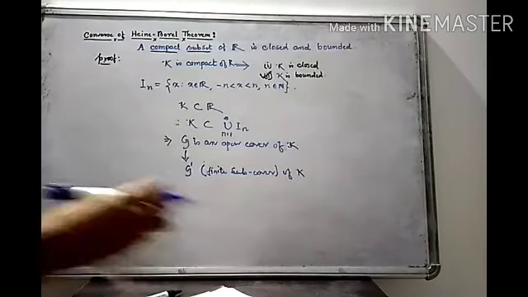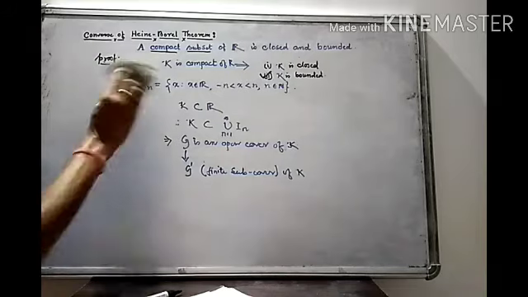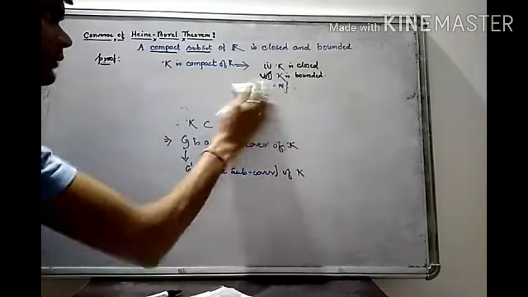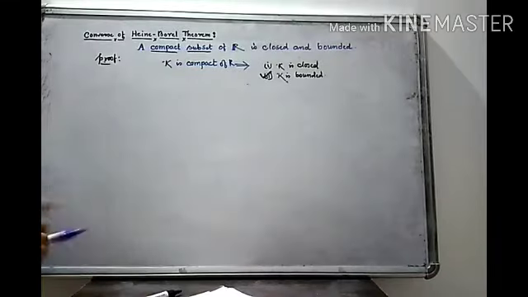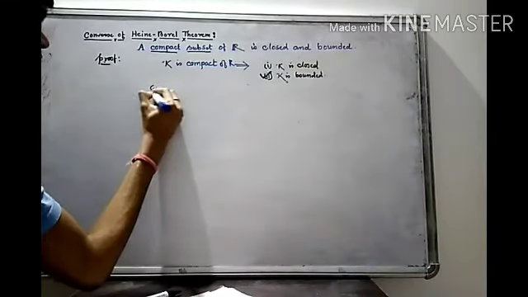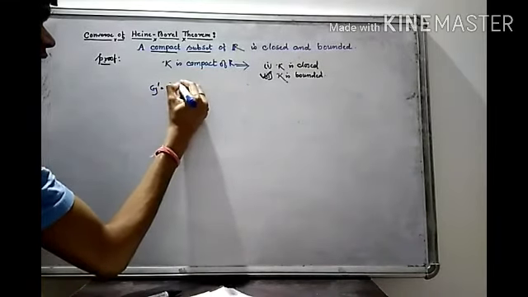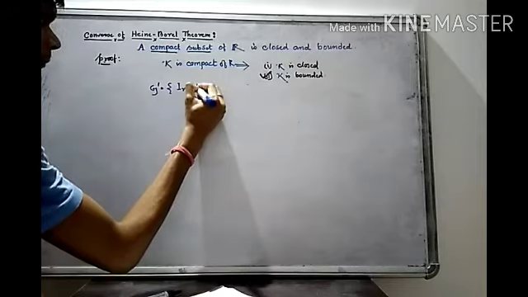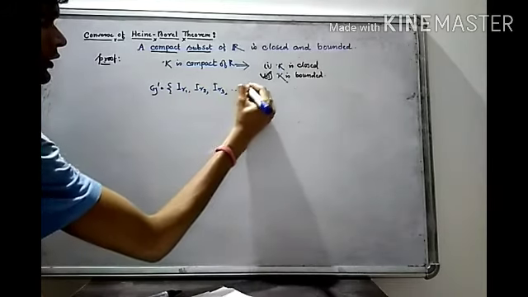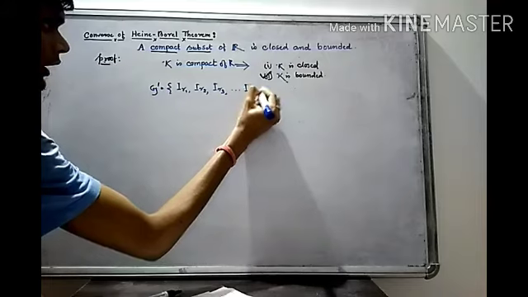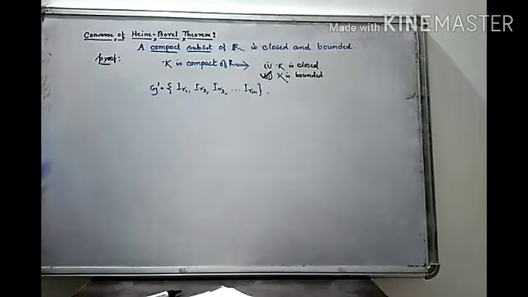Okay, so as this is your finite subcover, that means it contains a finite number of open sets. Suppose those open sets are I_R1, I_R2, I_R3, up to I_Rn. Clear?